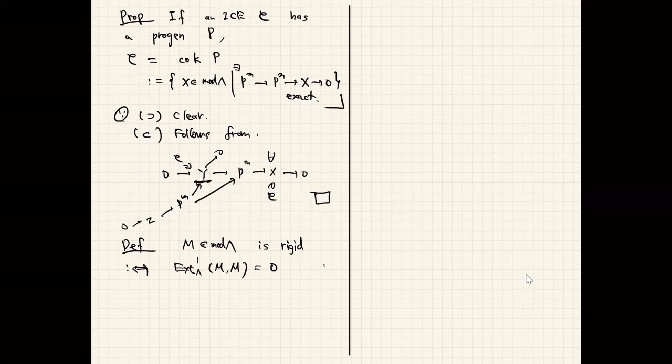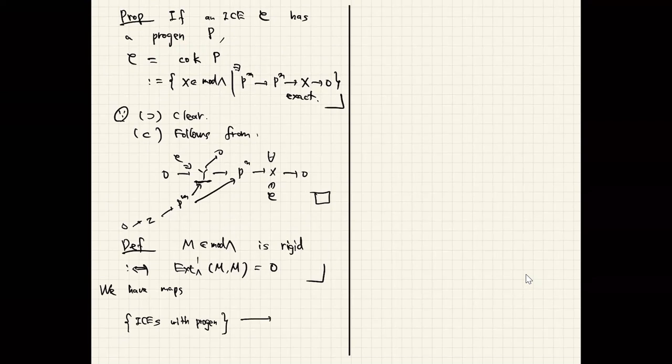So by considering progenerators, we have an injection, so we have a map from Ice-closed subcategories with progenerators and rigid modules.